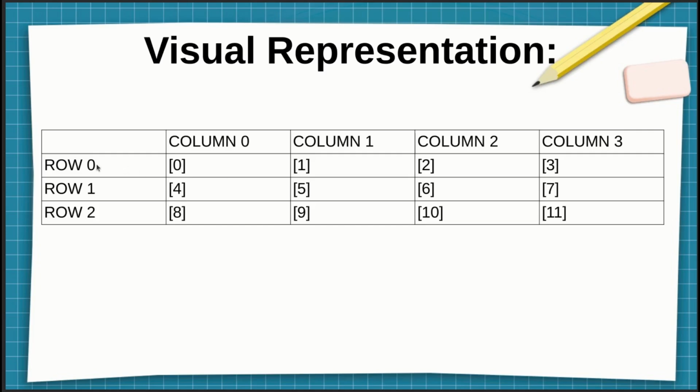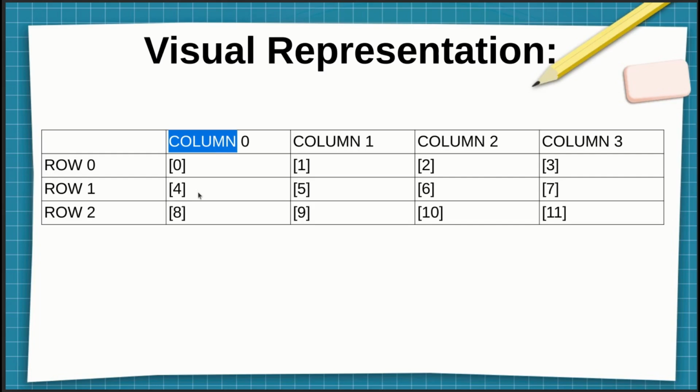So row 0 has 0, 1, 2, 3, like that. When it comes to the second index, which column? In the column, we are considering 0, 4, and 8. Just like finding your movie seat, you first find your row, then you find the seat number.